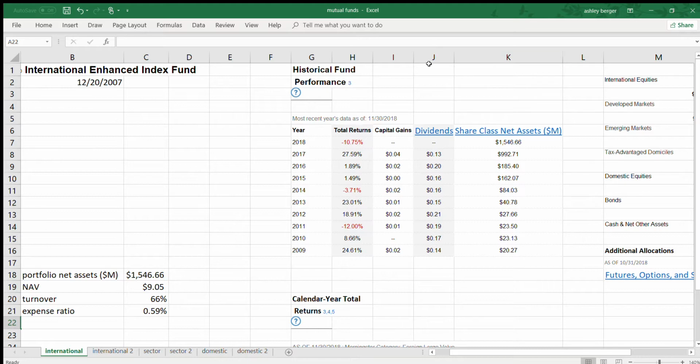For the year 2017, this fund had a total return of 27.59% with capital gains of 4 cents and dividends of 13 cents.